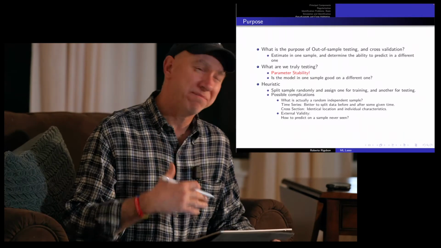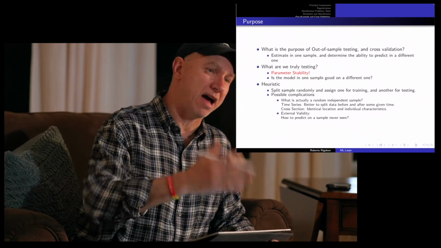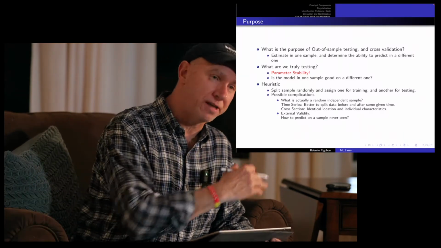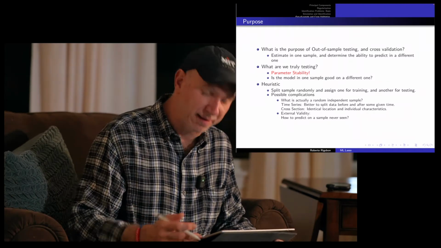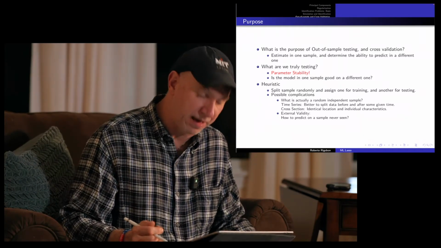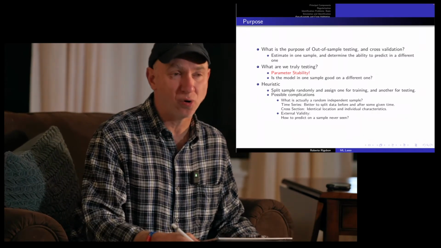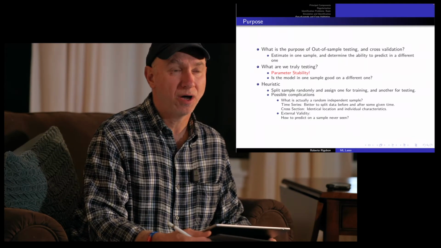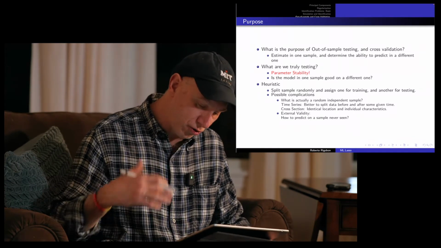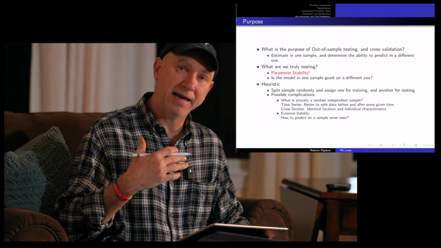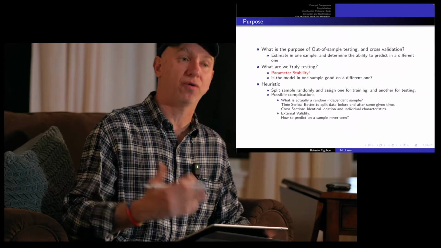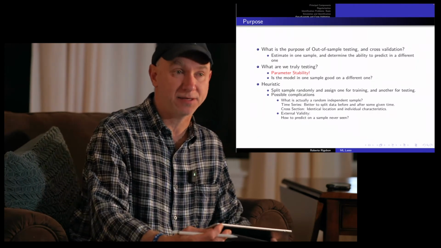In fact, my advice always is just to pick a time t, and everything before is training, everything after is testing. In the cross-section it is also sometimes hard to do. You have to make sure that you do not select on geography or individual characteristics when you're doing this.